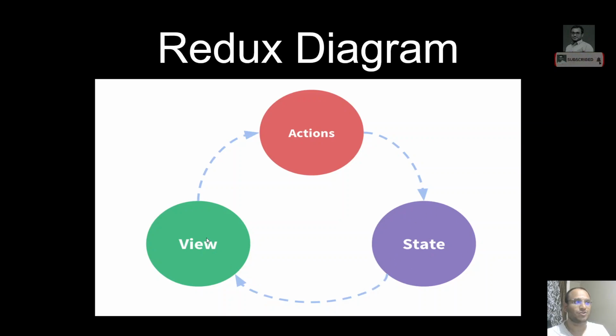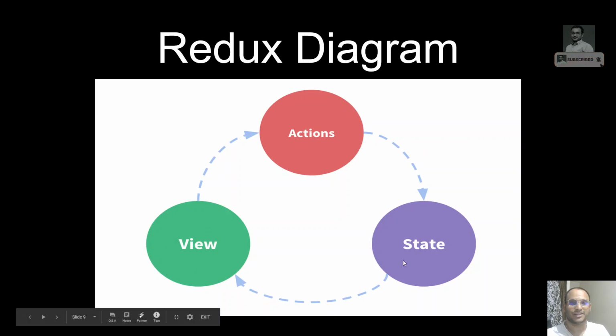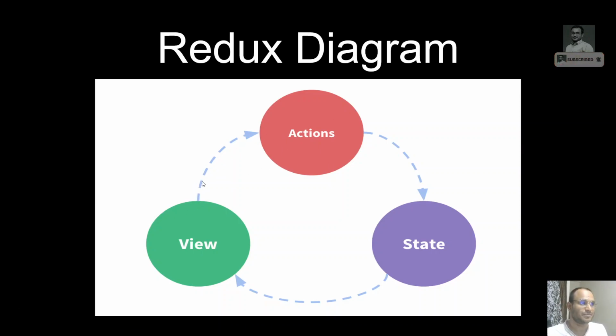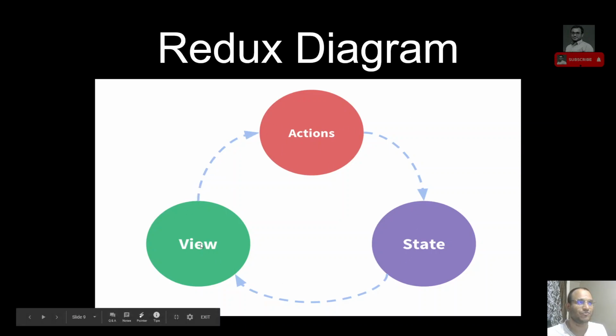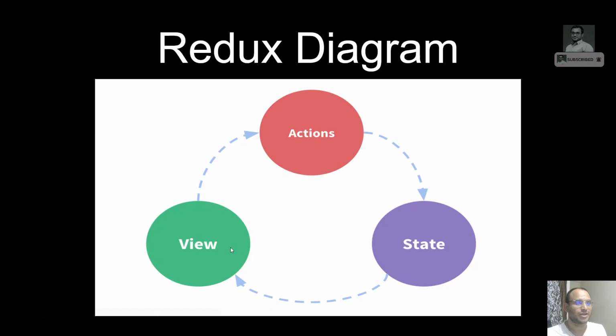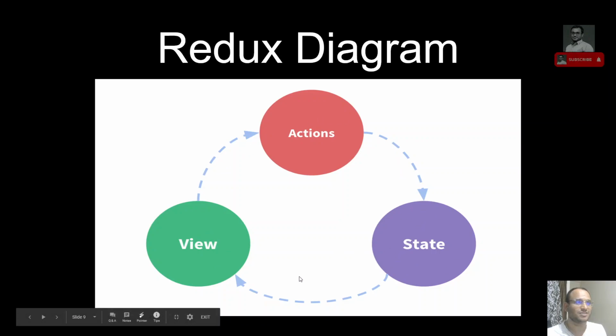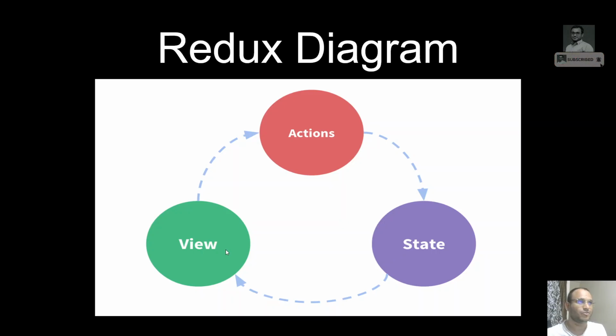We cannot go bi-directionally like this. That makes the Redux diagram a unidirectional data flow, so the data flows in only one direction. You cannot directly update the state from the view; you can update the state only through actions. Whenever the state is updated, the view is automatically informed. You need to understand this Redux diagram.